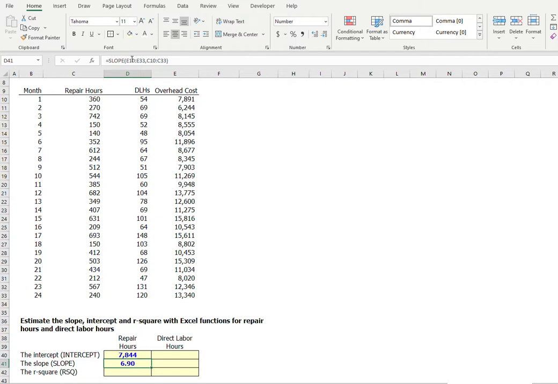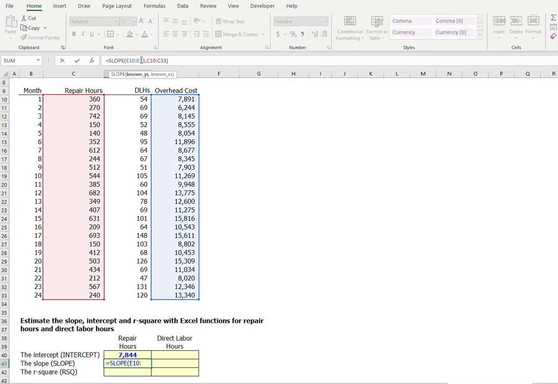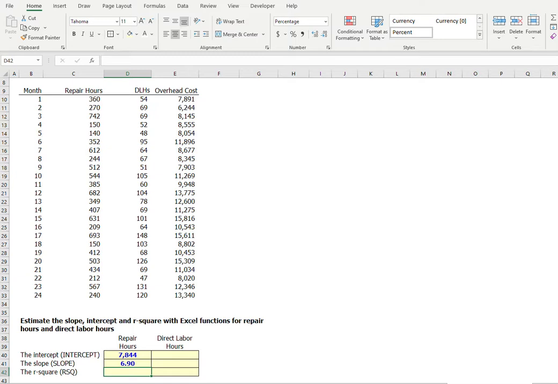Again, however, I want to make sure I've anchored my cell references to overhead costs so I can copy this column across for direct labor hours. By anchoring properly, I can highlight the cells and copy them directly across. To do that, highlight, line the crosshairs up on the lower right-hand corner, and drag it across.